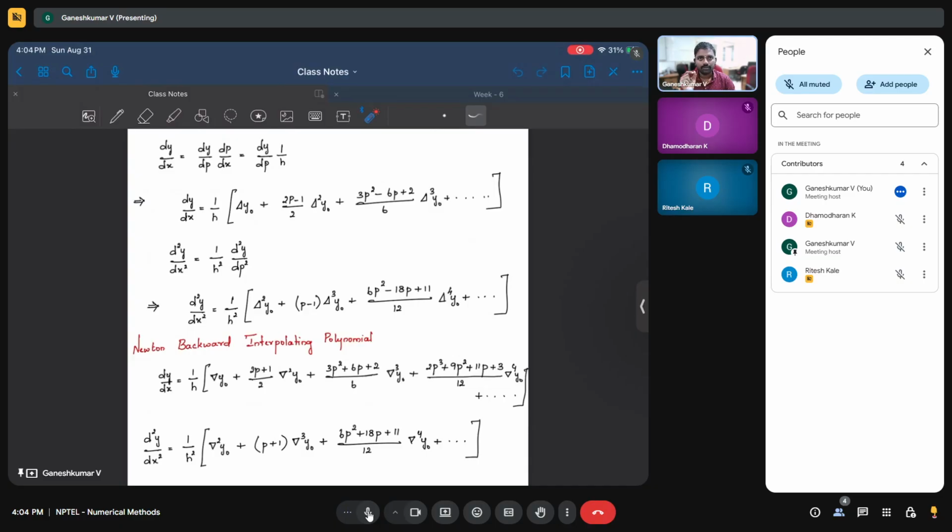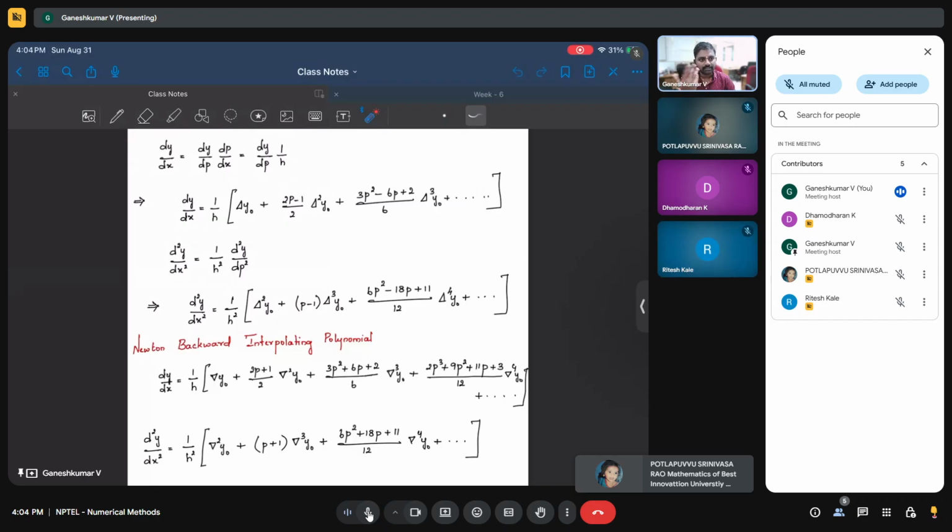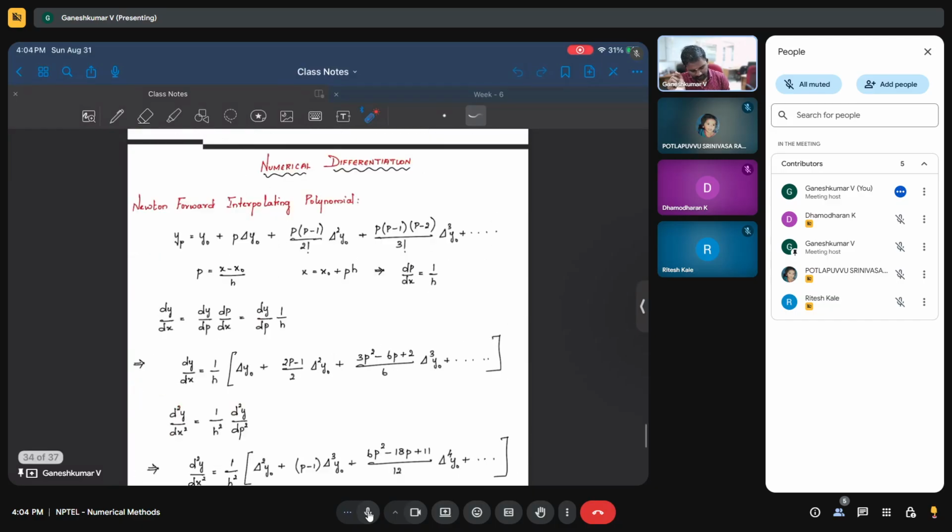For example, you need at least 2 points to find dy by dx, and at least 3 points to find d square y by dx square. If you want an nth degree polynomial, you need at least n plus 1 data points, and if you have more, it is better.